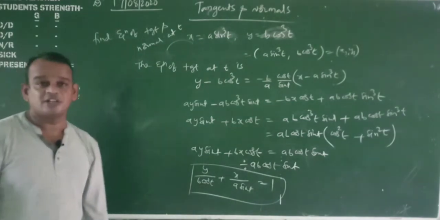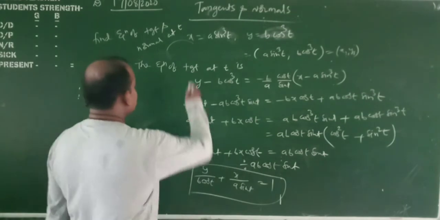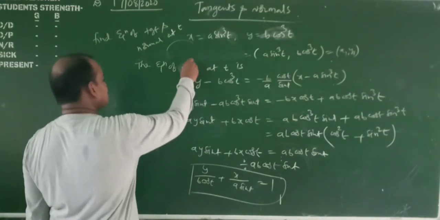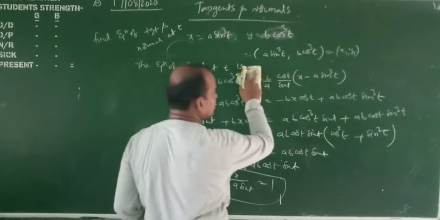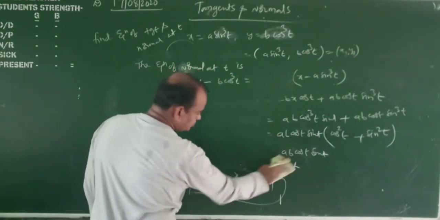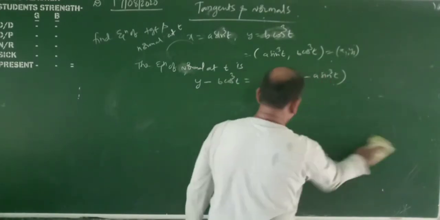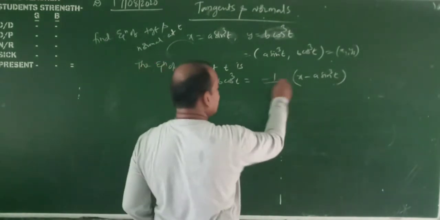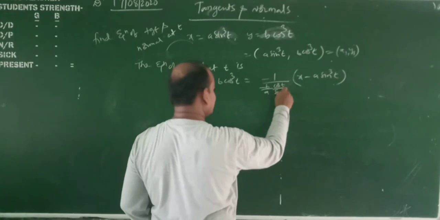Now we will find the equation of normal. What is the equation of normal? The equation of normal at t is y minus y1 is equal to minus 1 by m. You know the slope: minus b by a cos t by sin t.